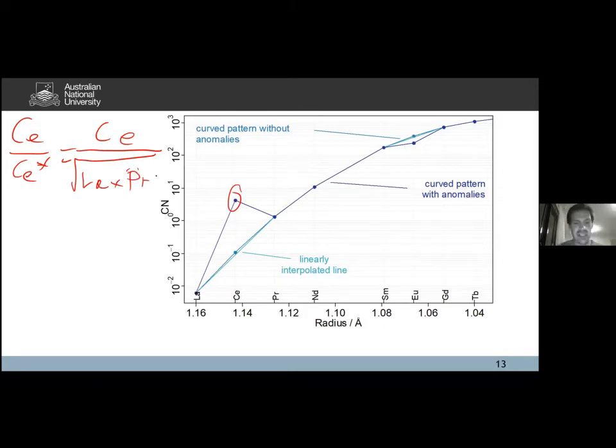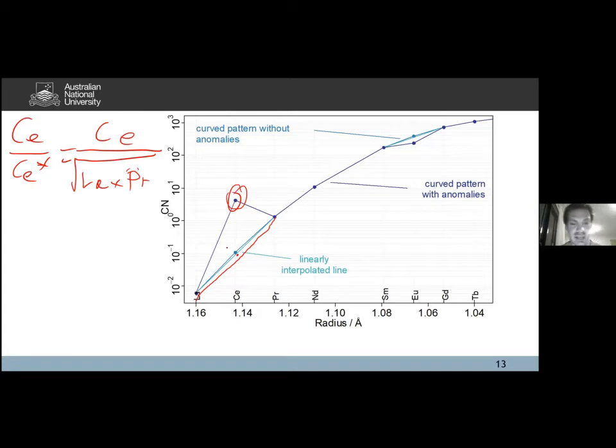So, which is the geometric mean. It's a kind of interpolated line on a log scale. So it's this line in here, this light blue line. So then we say, well, let's take the ratio of how much cerium we actually have to how much cerium we think we have if we interpolate the line, this place over there, and it gives us a number.